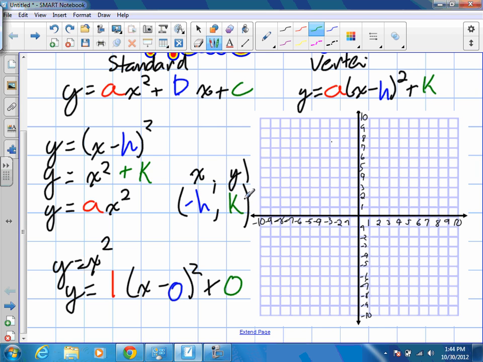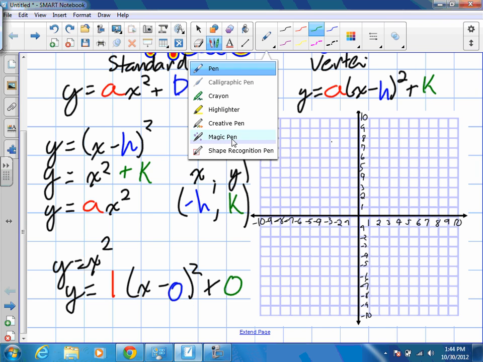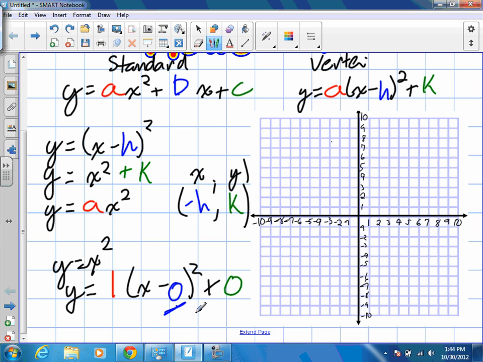For our original, what's my h value? Technically it's a negative, right? So what would be opposite of negative? Positive. But negative, positive, 0 is the exact same number. So the x value of the vertex is 0, and our k value is also 0, so the y value of the vertex is 0. The vertex of the one we're used to drawing is at 0 and 0. Makes perfect sense.